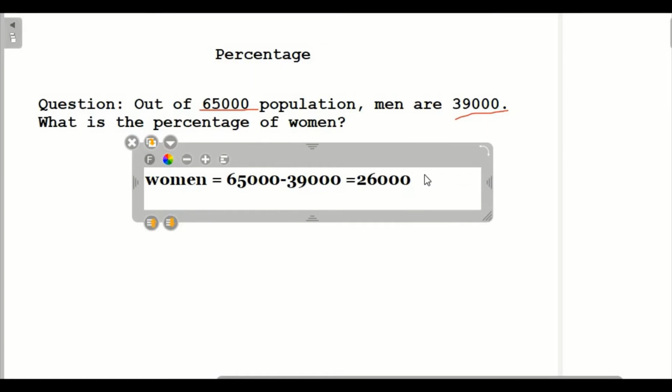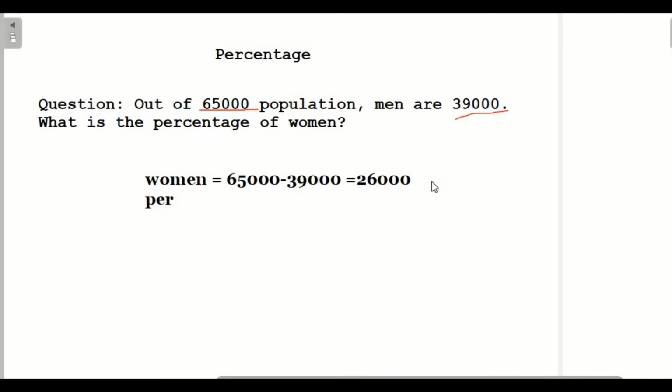Okay. So be clear, it's a very easy shortcut method to sort out your problems. So here our question is, out of 65,000 population, men are 39,000. What is the percentage of women? For women, we have to subtract the population of men from the total population. So you get 26,000. But we have to calculate the percentage.